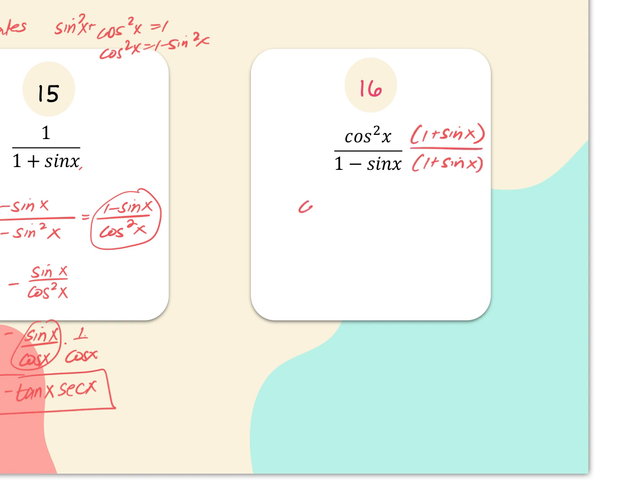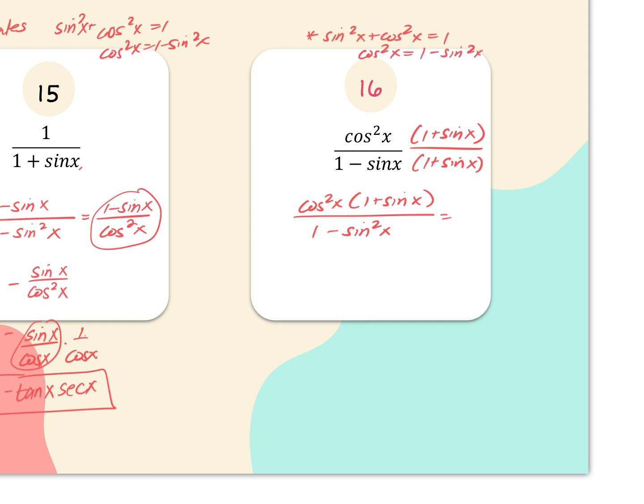Now, the numerator becomes cosine squared x times 1 plus sine x, and the denominator becomes 1 minus sine squared of x. Now, again, remember your Pythagorean identities: sine squared of x plus cosine squared x equals 1. So I know that cosine squared x equals 1 minus sine squared x.